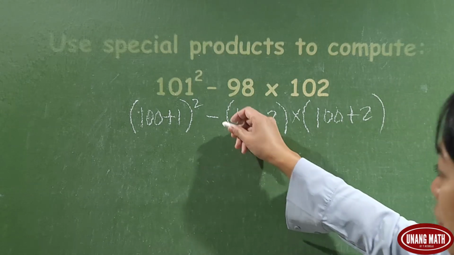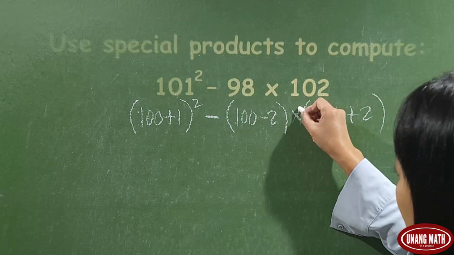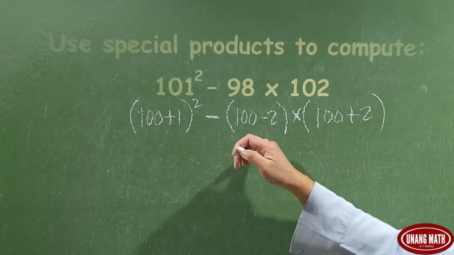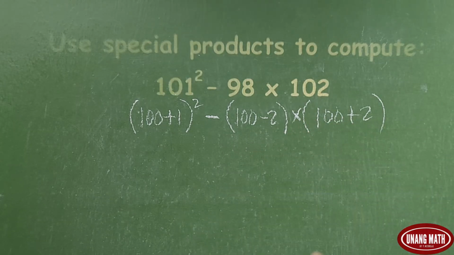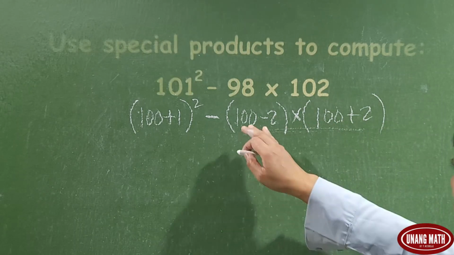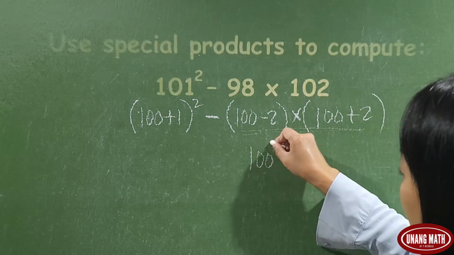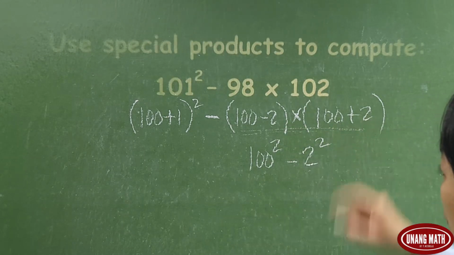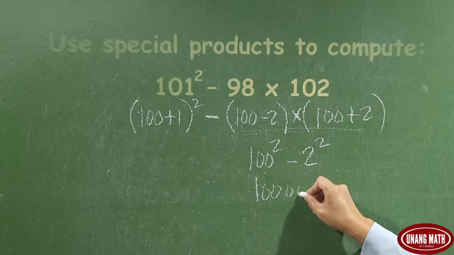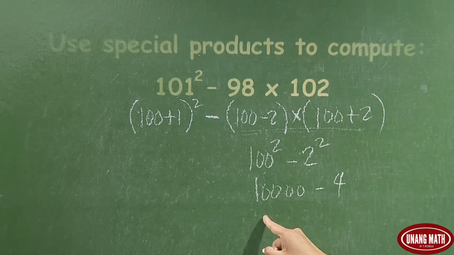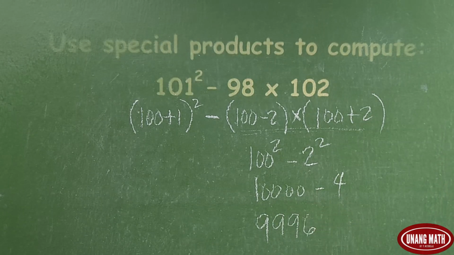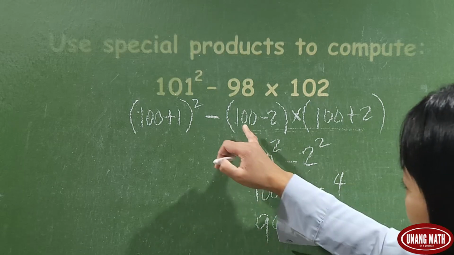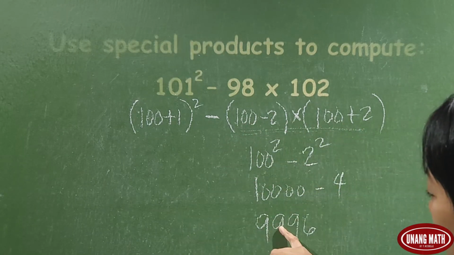Take note of the operations. We have here subtraction and this is multiplication. So it means we need to multiply first. 100 minus 2 times 100 plus 2. This is difference of squares. So it means 100 squared minus 2 squared. So we have here 10,000 minus 4. Then this is 9,996.